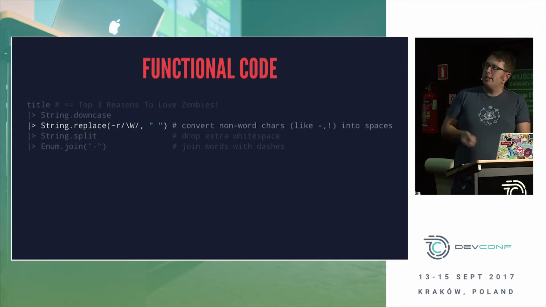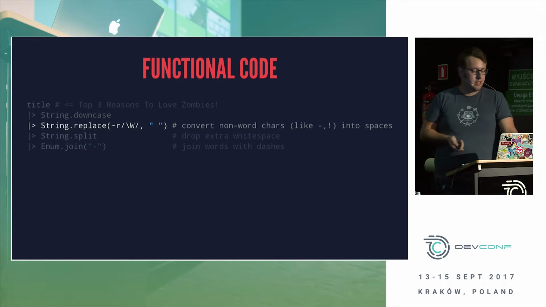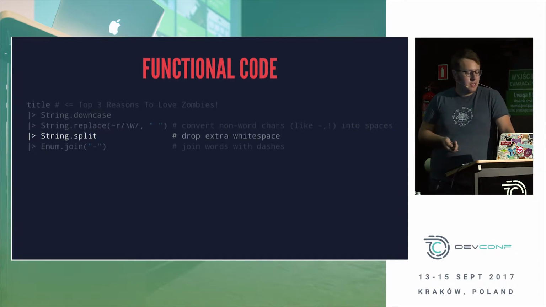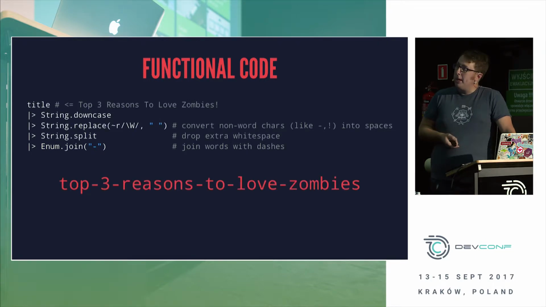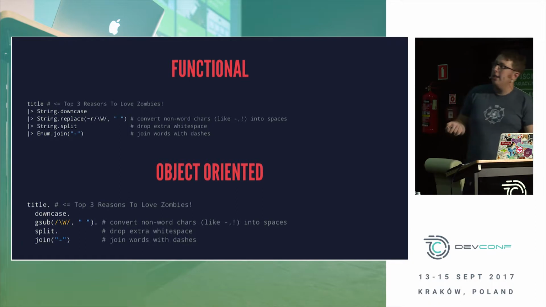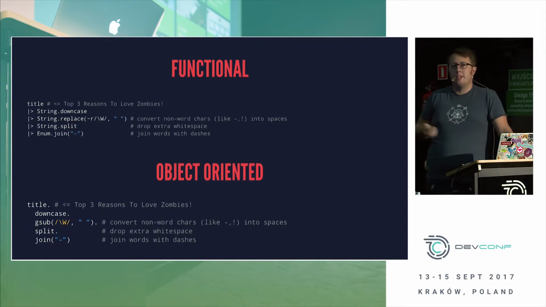It's going to pass the result as the first argument to String.replace, which will get passed to String.split, and finally Enum.join. And then we end up with the same result. And so as I said, here I know if it fails on Enum.join to look in the Enum module to see where it's actually failing there, as opposed to the object-oriented approach, where I have to remember where that is.